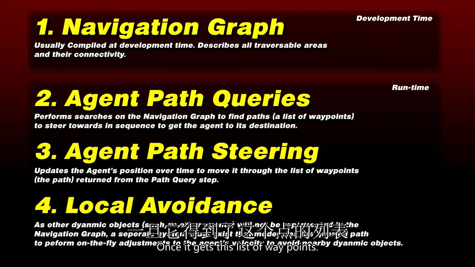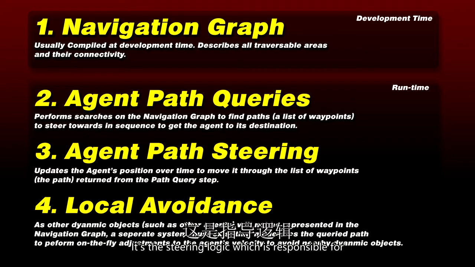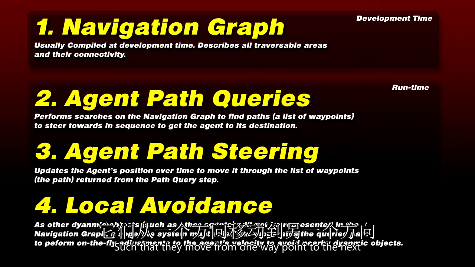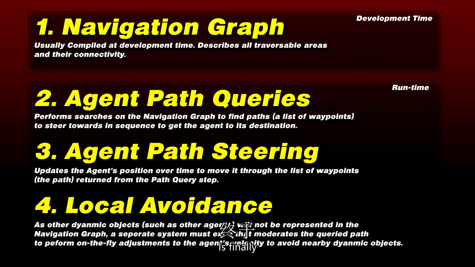Of course, once it gets this list of waypoints, it then has to do something with them, and that's where the steering logic module kicks in. It's the steering logic which is responsible for updating the position of our agents over time such that they move from one waypoint to the next until the list of waypoints has been exhausted and our agent is finally at the destination that we chose.